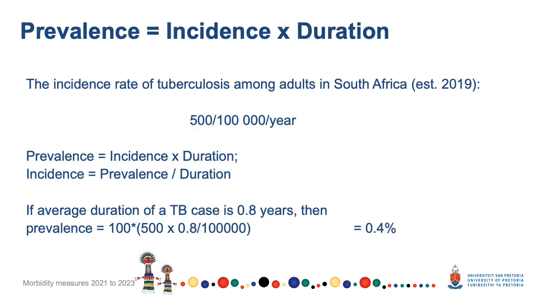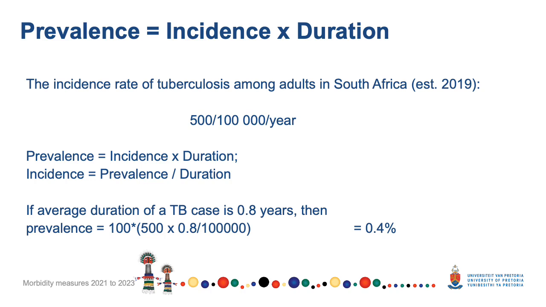This slide just shows the relationship between prevalence and incidence and the duration of the disease. And I give you an example. Let's assume that TB on average is present for 0.8 of a year, because there's time before diagnosis, then there's time while on treatment, and so on. So let's just say on average it's 0.8 of a year.